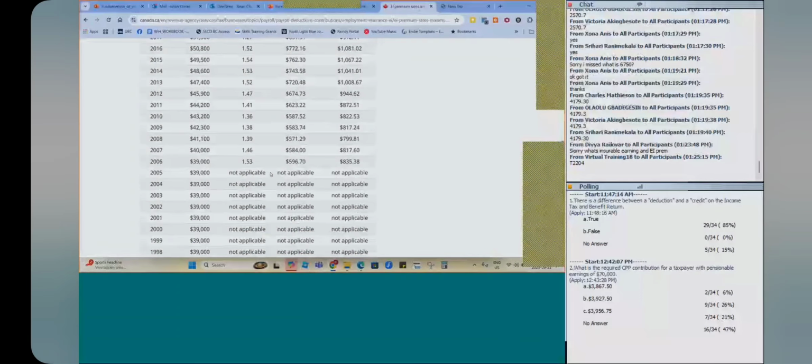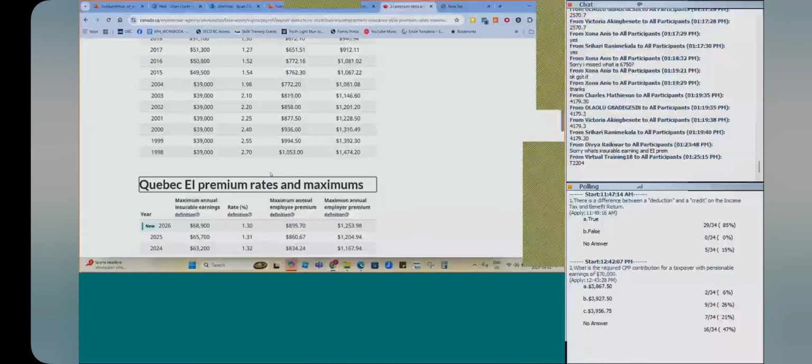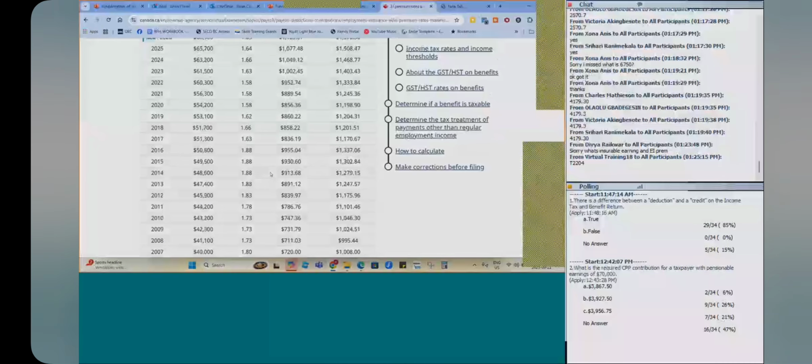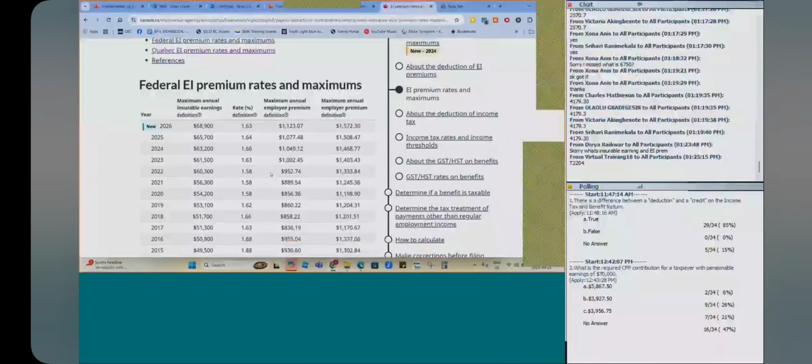And the reason for this is that in Quebec, EI is essentially split into two programs. The federal employment insurance program applies when you lose your job through no fault of your own, but it also applies in certain situations such as parental leave or similar situations where you haven't lost the job, you're just stepping away from the job temporarily.